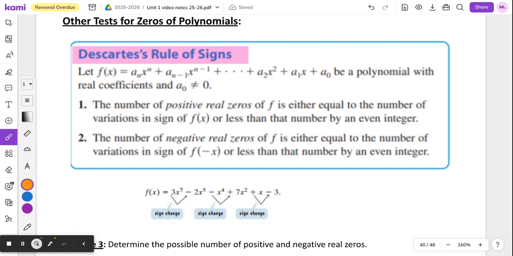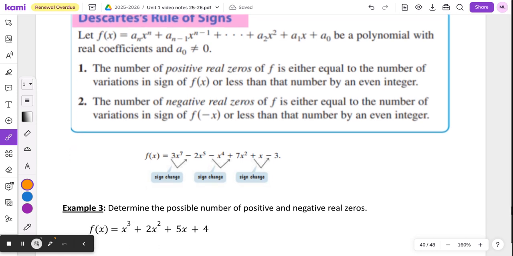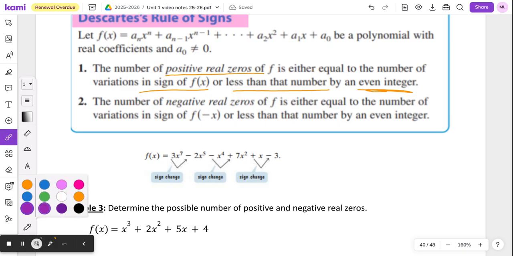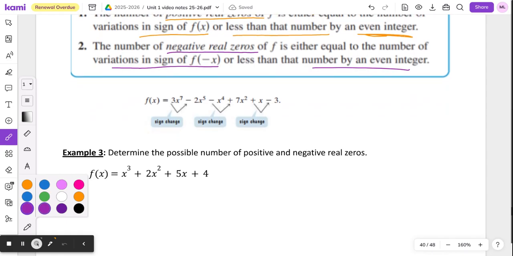If we have our polynomial function with real coefficients, it says the number of positive real zeros is either equal to the number of variations in sign for f of x or less than that number by an even integer. Similarly, the number of negative real zeros is either equal to the number of sign variations in f of negative x or less than that by an even integer.